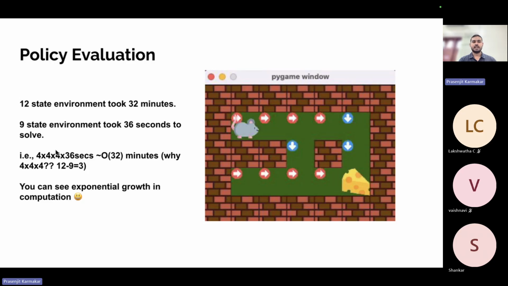And this was the logic: initially it took 36 seconds, and because there are three more states and each state has four choices, up, down, left, right, the computation is much larger. If we check the number of policies, it's that much times larger. So because of this exponential growth, you cannot solve larger environments, right?